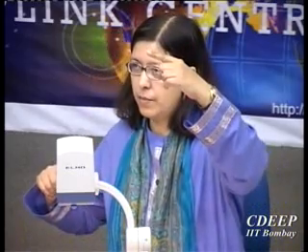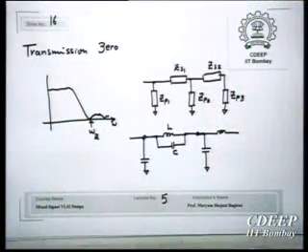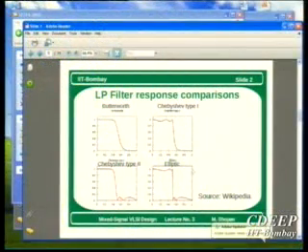Equi-ripple filter. Equi-ripple means ripple in the passband and the stopband are both equal. So that can be a special case. If it is equi-ripple, it's an elliptic filter with equal ripples.